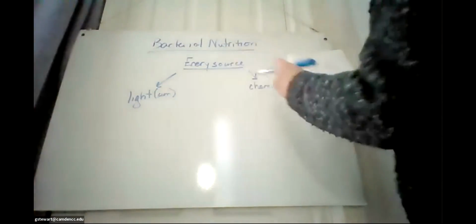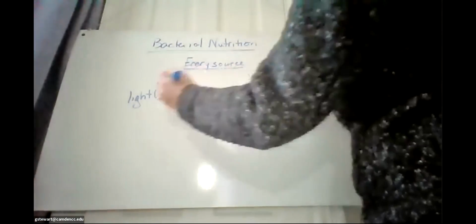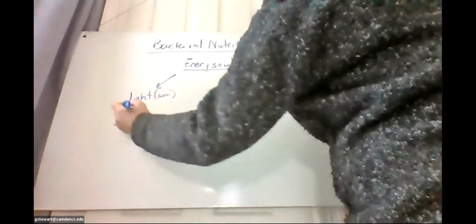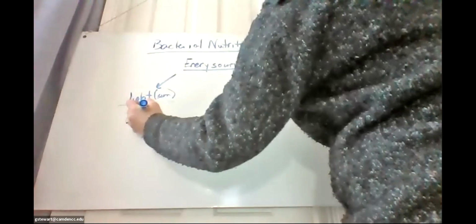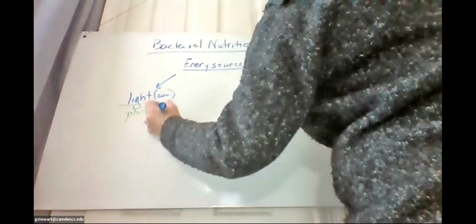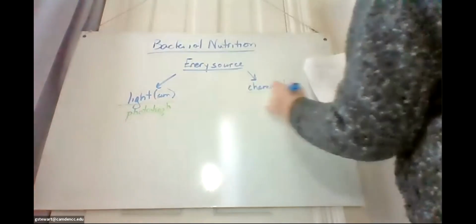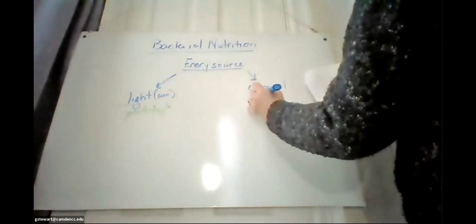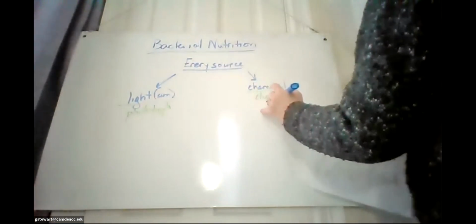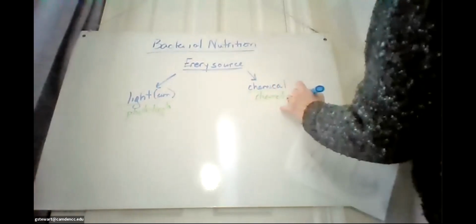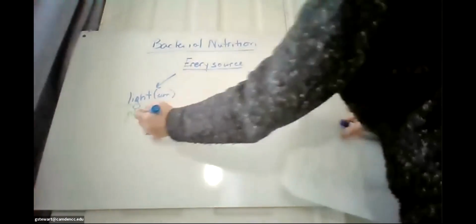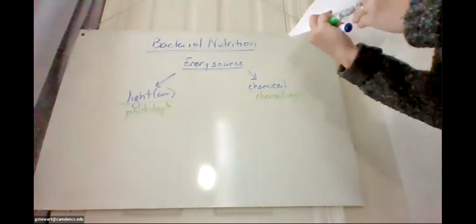Notice I didn't say autotroph yet, right? Light energy is a phototroph. Chemical energy, we refer to those as chemotrophs. Right? Troph for food, chemicals for food, light, I guess, yes, for energy source.